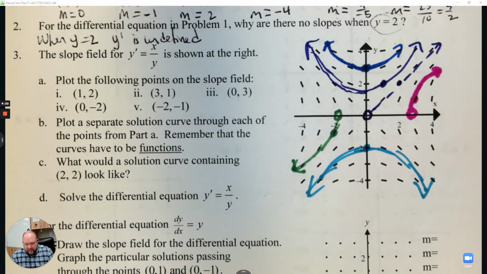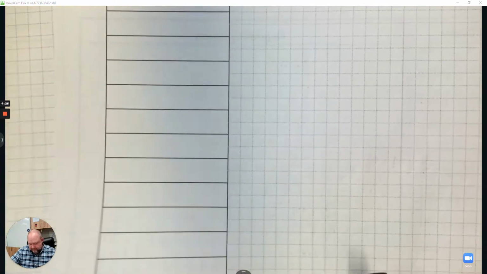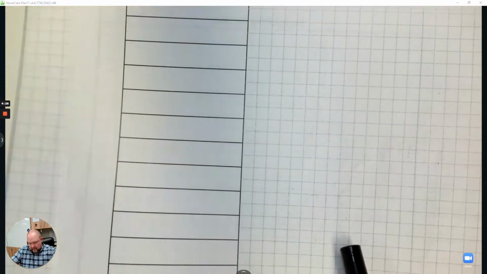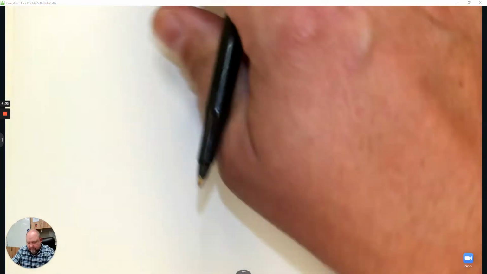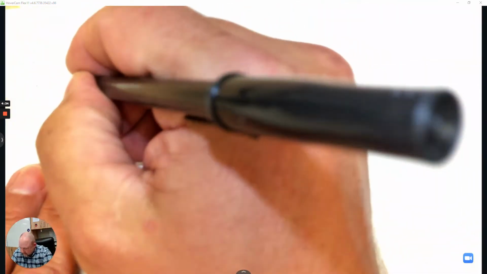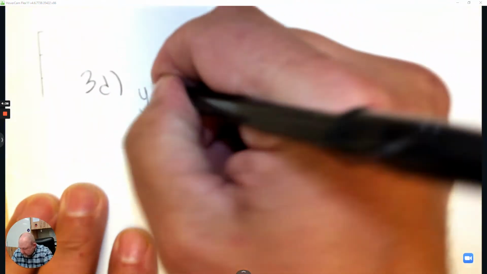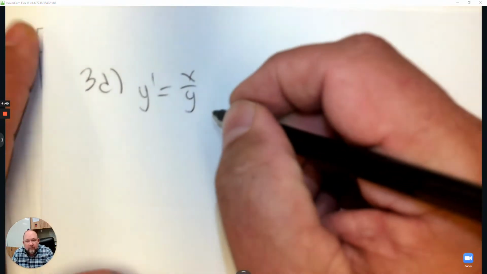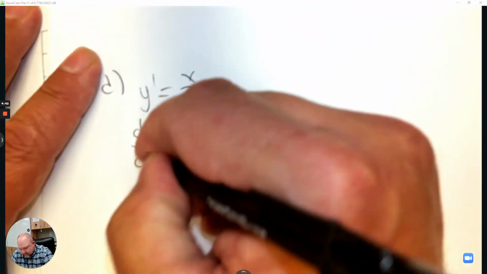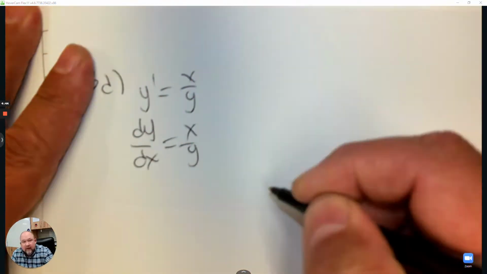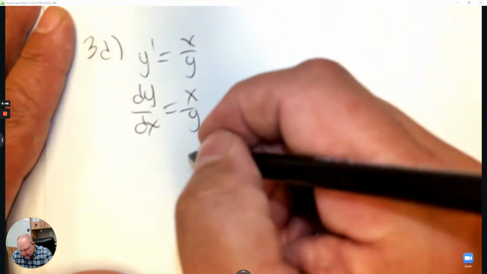I'll solve that differential equation. I'm going to do that on a separate piece of paper right here. So to solve this, it's dy by dx. Multiply both sides by dx and by y.